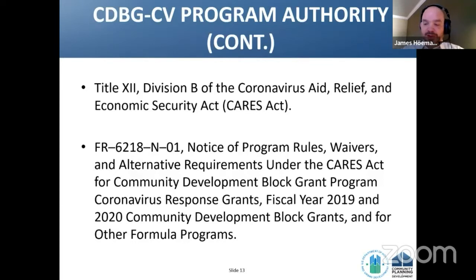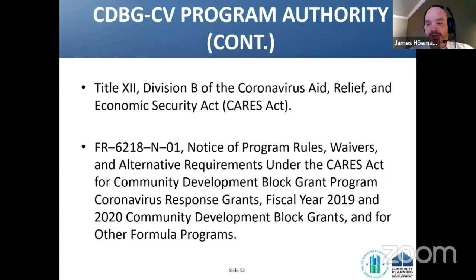Now, within the CARES Act, we have the flexibility to use your annual program funds with fiscal year 2019 and 2020, that you could use some of that money to PPR to the coronavirus and take advantage of the waivers and suspensions that do exist within the notice and within the CARES Act itself.